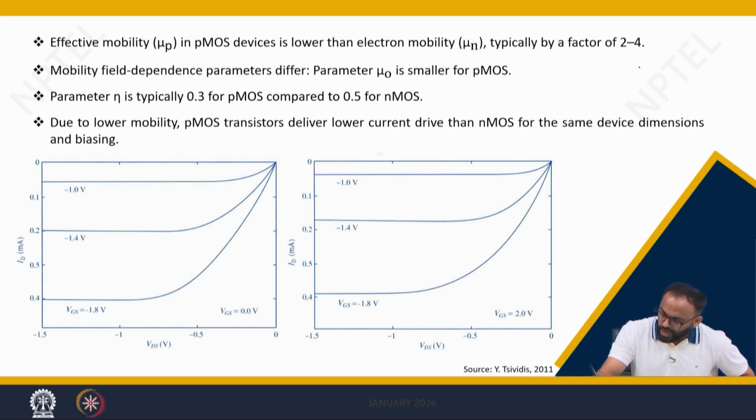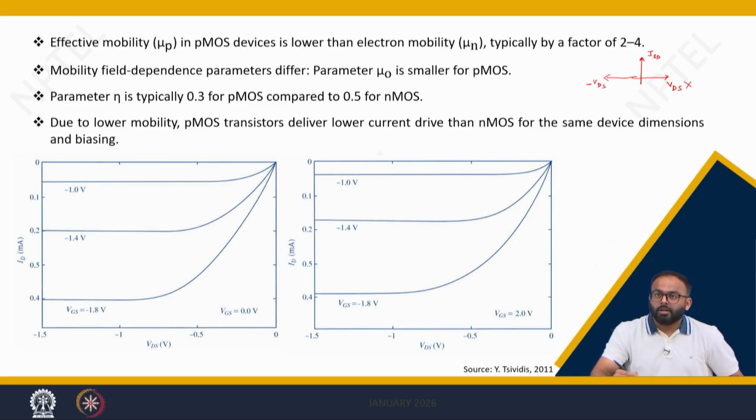Similarly, if I want to plot the ID-VD characteristic, as I said, your VDS will be negative, so you need to take VDS as negative, and if you are taking VDS negative, then you will get ISD. But to get the same equations in comparison to the n channel MOSFET, instead of ISD we are representing it by IDS with a negative sign.